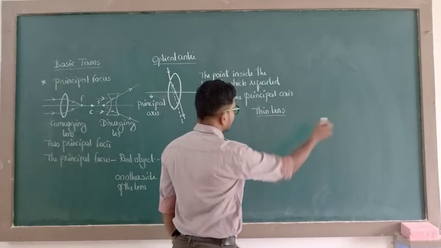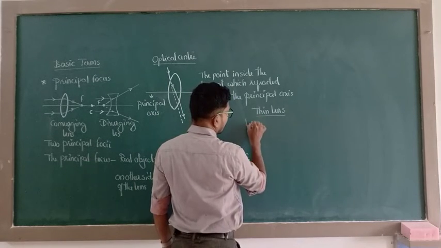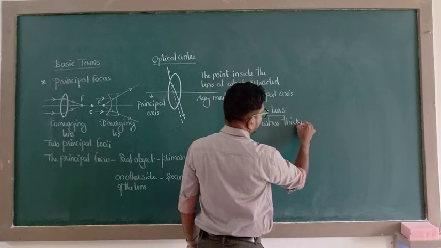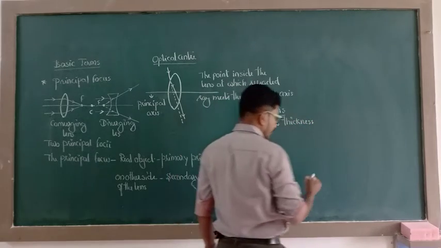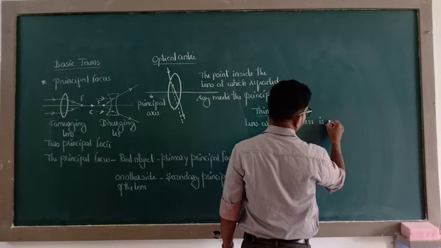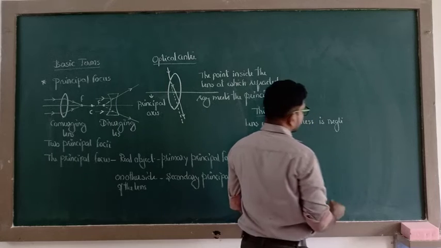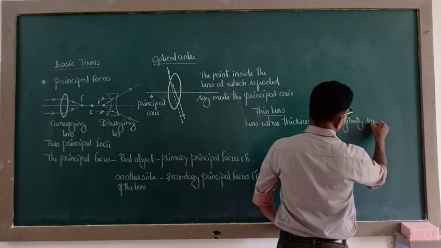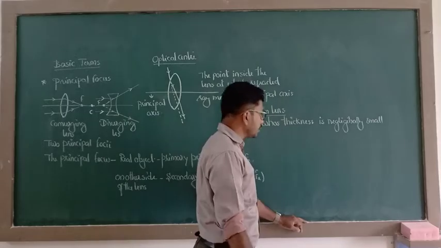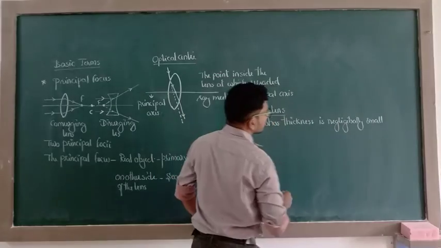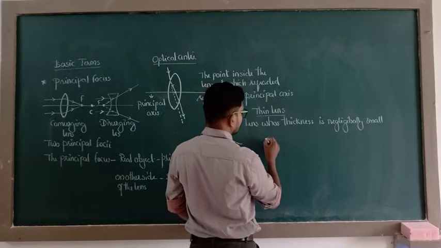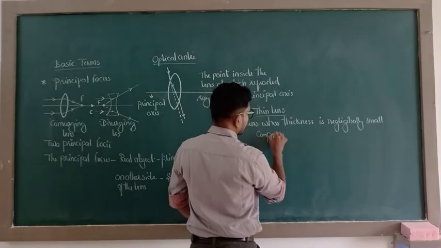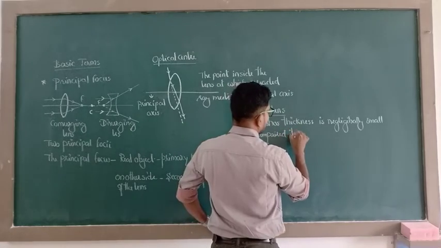So a thin lens is nothing but a lens whose thickness is negligibly small compared with its radii of curvature.